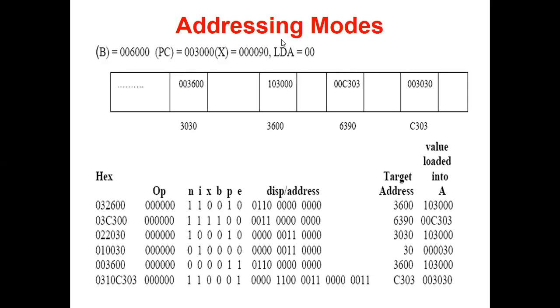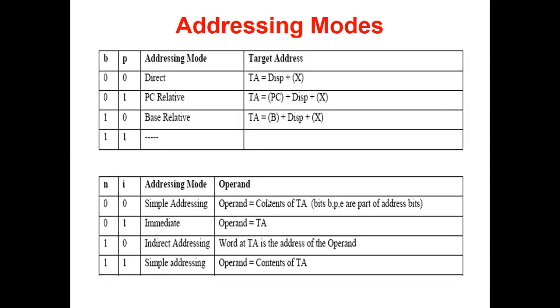Okay, thank you. Then someone is asking why. Excuse me. Yes. Can you please come again? This is indirect addressing. Anyone whose I is 0 is indirect addressing. With indirect addressing, when n is 1 and I is 0, the contents of the target address, that is what they mean by word at the target address, is the address of the required operand.